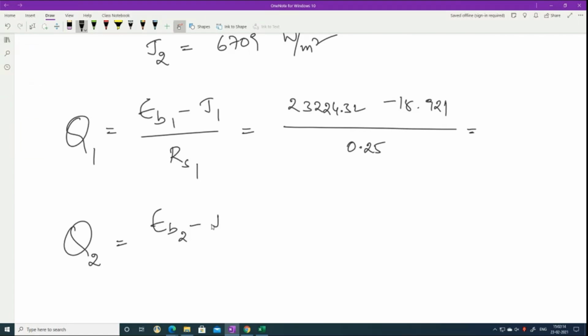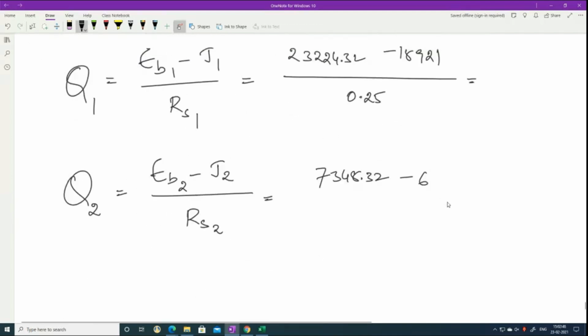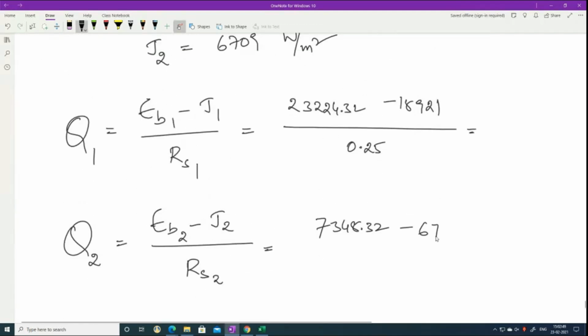Next Q2 is (EB2 minus J2) by RS2, equal to 7348.32 minus J2, which is 67.11, and what is RS2?